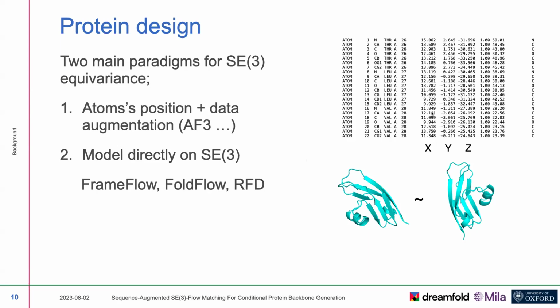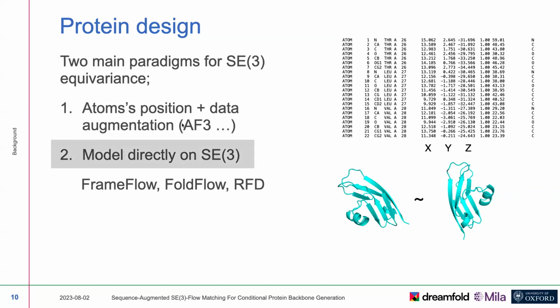And so here is just a reminder that the data that we get is really one realization of this protein, in a specific spatial representation, but it could also be rotated or translated. So we have to do this little manipulation in order for the model to be SE(3) equivariant.